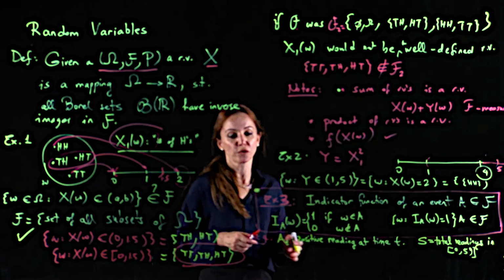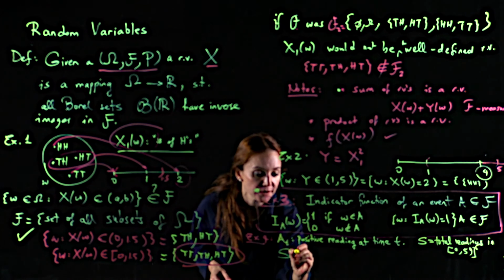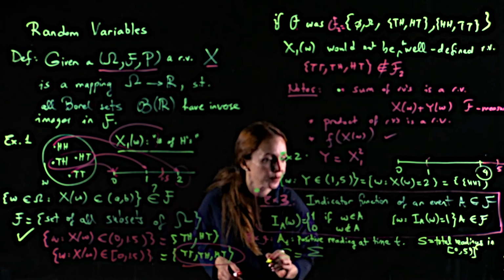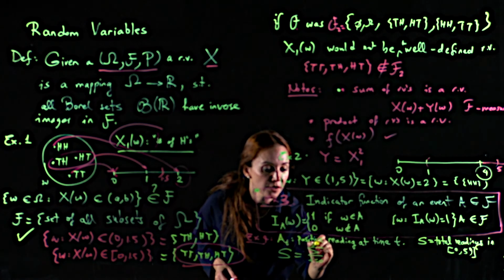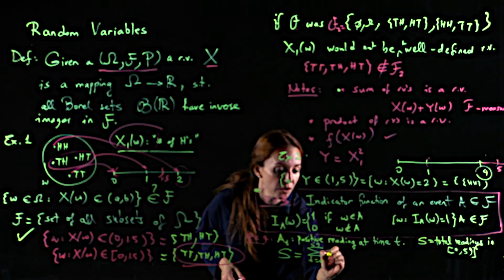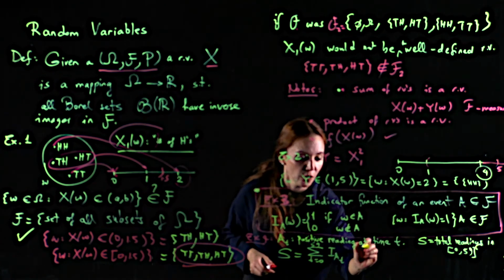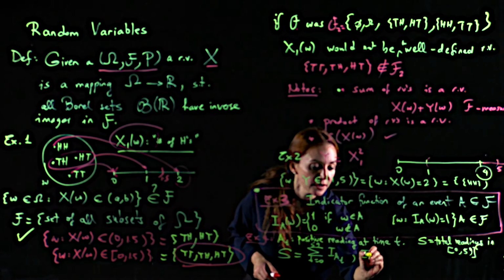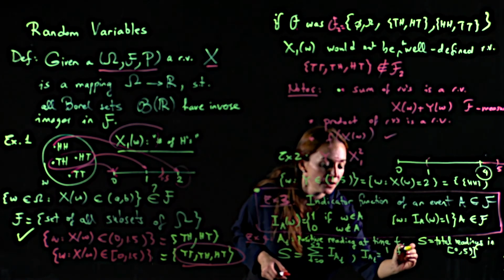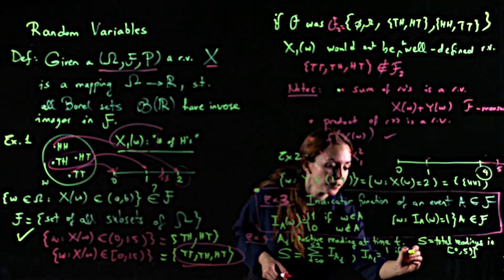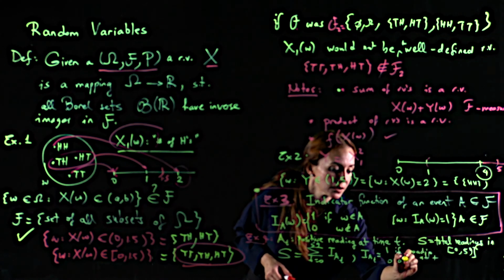Now we could always write S as the sum, t from 0 to 59, of I_A_t, where I_A_t is 1 if there is a reading at time t, and 0 otherwise.